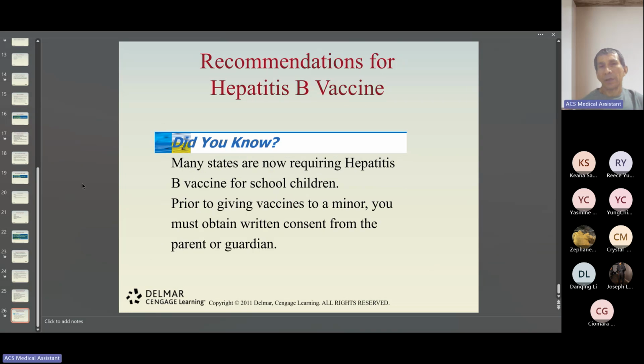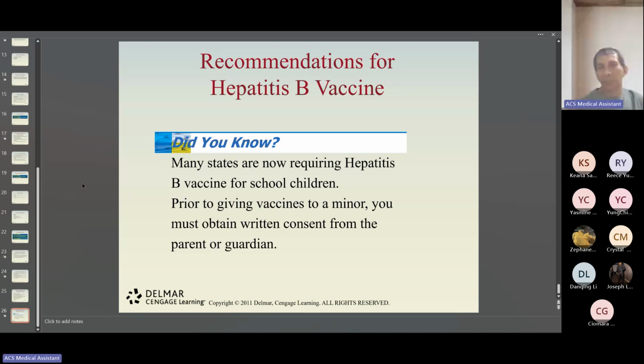So that's basically what it is. Recommendations for hepatitis B vaccine: many states are now requiring hepatitis B vaccine for school children. That's been going on for a long time. They require it for employees, health care employees.